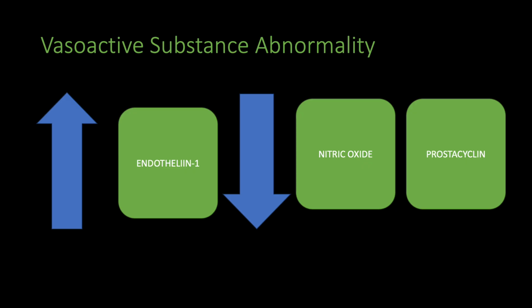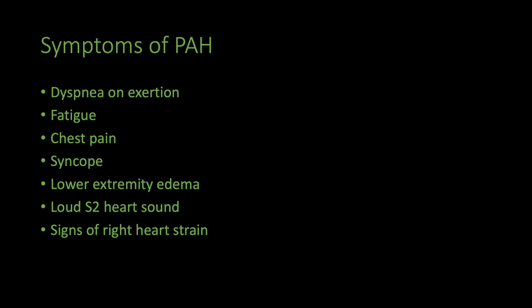So when it comes to vasoactive substance abnormality, you can see that the endothelin 1 increases, and then there's a decrease in nitric oxide and the prostacyclin. So this is just a quick diagram to show that. And what are some of the symptoms described?